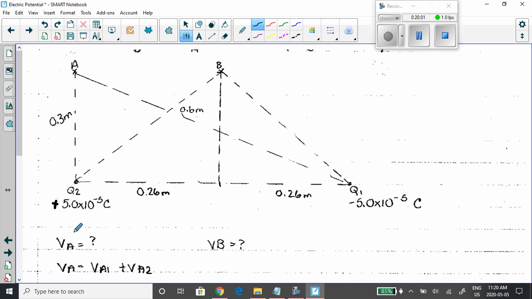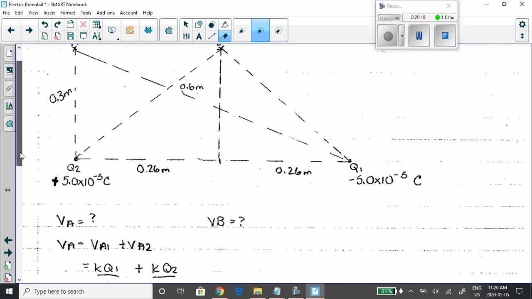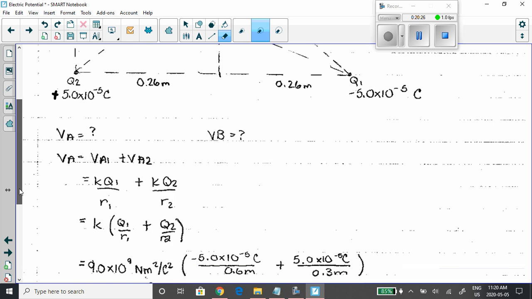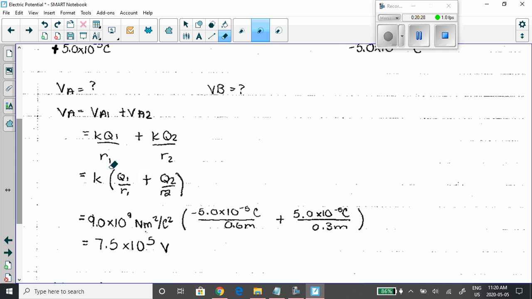So the total voltage at this point in space we're calling A is due to adding the voltages that come about from the two individual charged particles. Remember, this is all scalar now. So we plug in the values, k q1 over r1 plus k q2 over r2. Let's do some factoring here. So we factor a k out of each one.